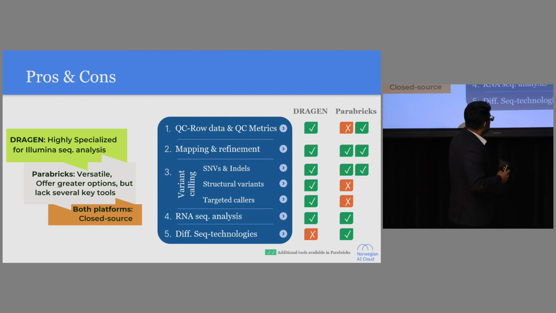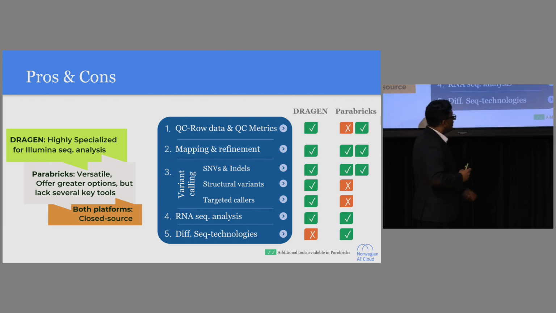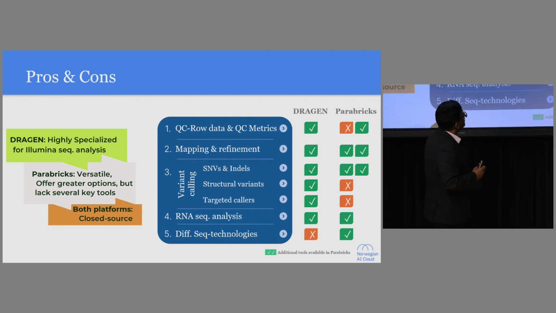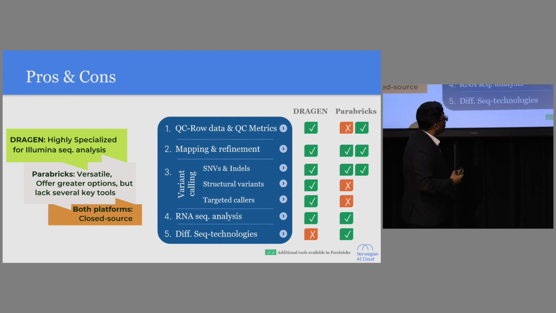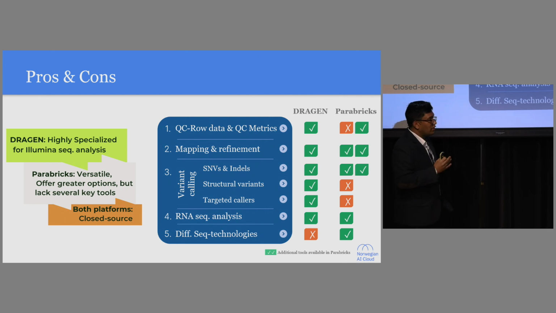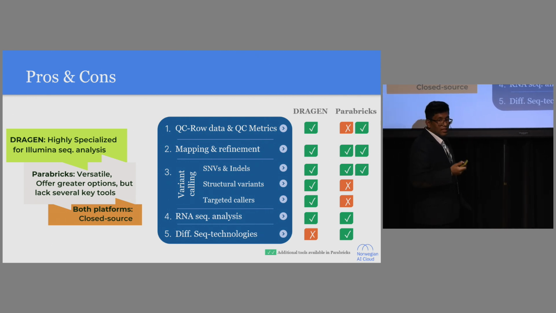And also, importantly, in number 5, different technologies, a check mark means it will work not only with short-read Illumina data, but with long-read data from other sequence providers, PacBio and Nanopore. And there are a few X's in the Parabricks column, meaning they lack tools for those steps in the current version of Parabricks, but we can hope that they will release those tools in future releases.